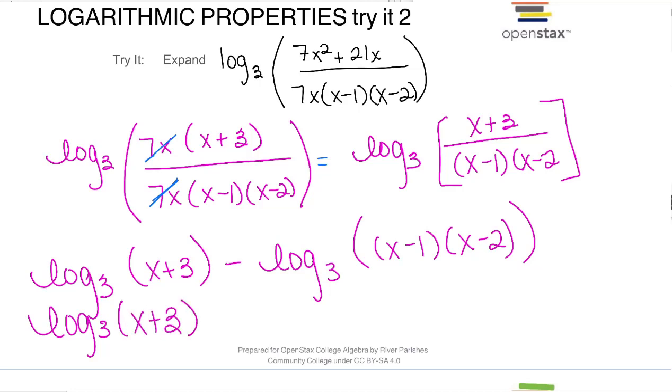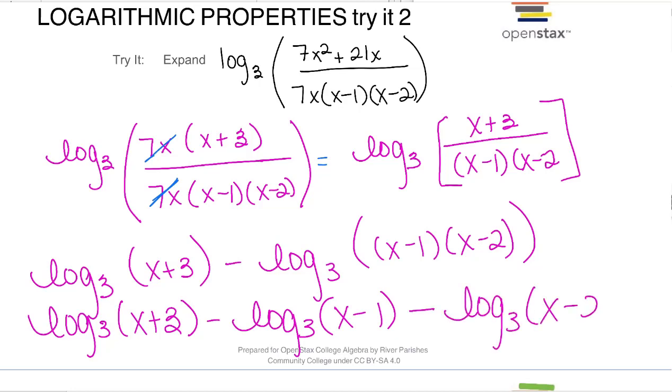But this second part we can write as a product: log base 3 of x minus 1 plus log base 3 of x minus 2, expanding it into a sum. And so that means we would distribute that minus sign to each of those pieces. Would leave log base 3 of x plus 3 minus log base 3 of x minus 1 minus log base 3 of x minus 2.